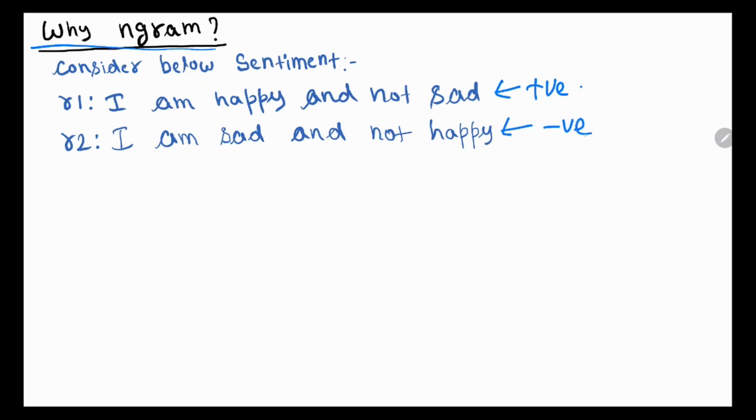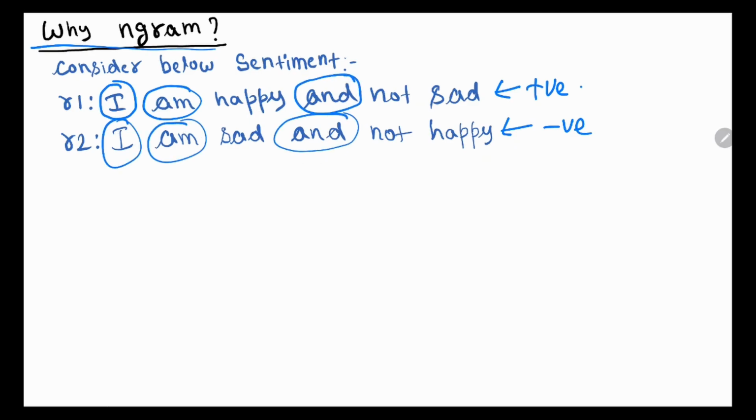Now let's construct the bag of words. First let's remove the stop words. Let's say these are stop words. After removing the stop words, let's construct the bag of words for R1.